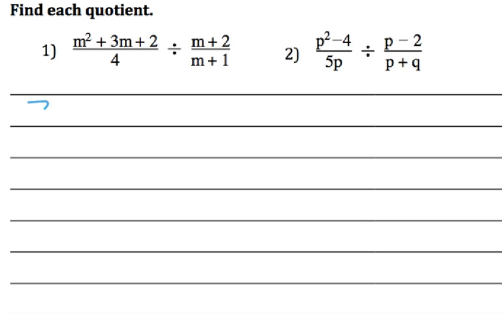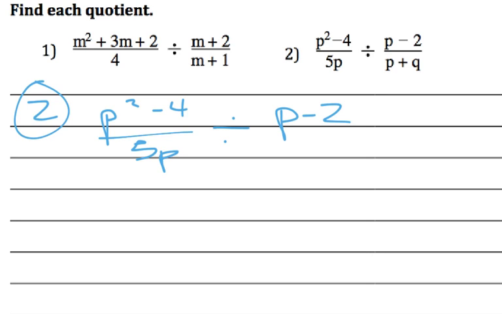Problem 2: (p squared - 4) over 5p divided by (p - 2) over (p + q). As I look at this problem, I recognize that this is a perfect square deal. When I factor p squared - 4, I get (p + 2) times (p - 2) over 5p.